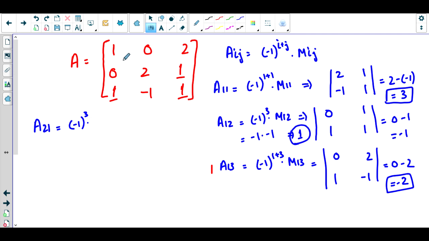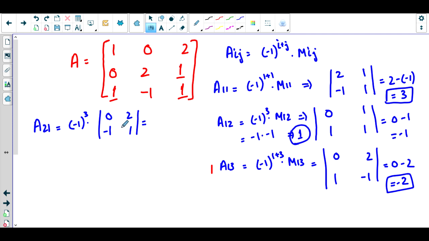So M21 means you have to remove the second row and the first column. When we remove them, we are left with 0, 2, minus 1 and 1. Let's copy it: 0, 2, minus 1 and 1.